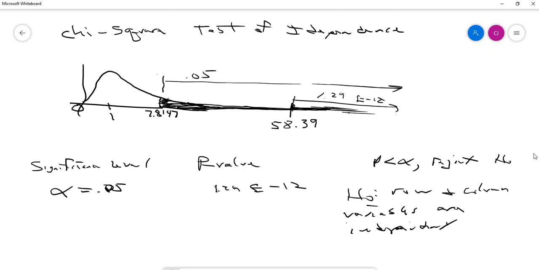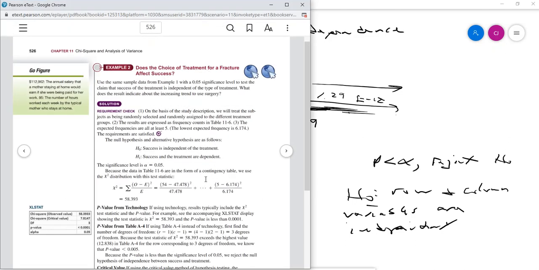Row and column variables being independent is the null hypothesis. We're rejecting that the row and column variables are independent. We're saying that they are dependent. So in other words, let me pull up the, so let's take a look at this. Remember what we were doing.